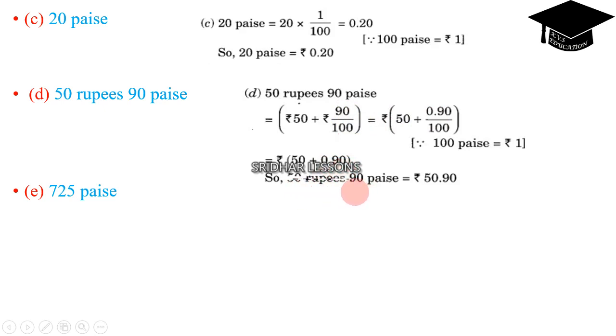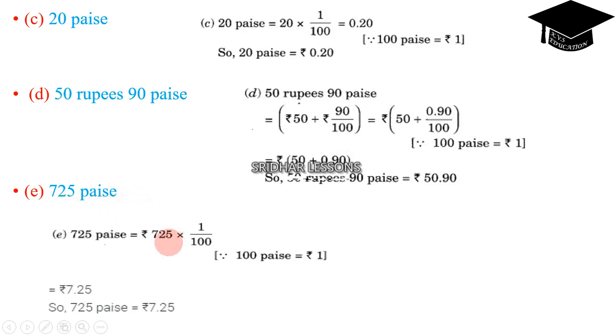So 50 rupees 90 paisa is equal to 50.90, because 90 paisa is equal to 90 by 100. Next, 725 paisa. That means 725 into 1 by 100, that means 7.25. So 725 paisa is equal to 7.25 rupees, because as we have discussed, 100 paisa is equal to 1 rupee.